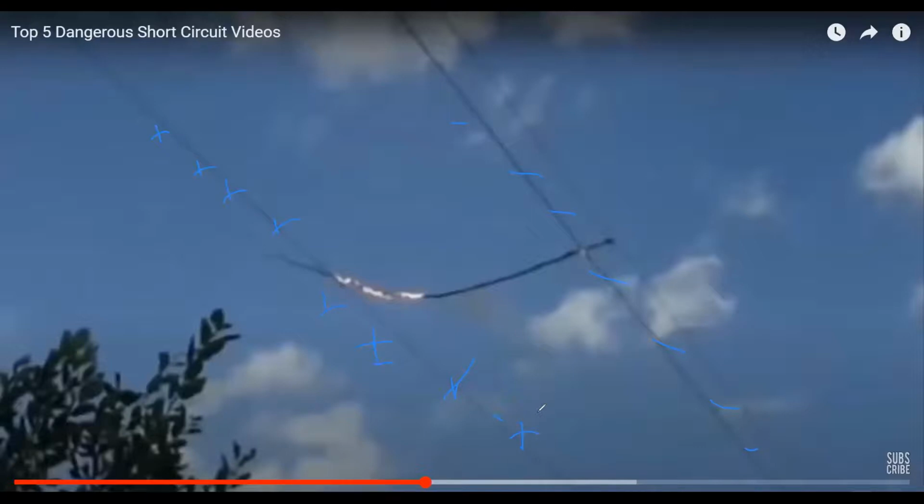But it just so turns out that a stick has landed on this wire. That means there is now a short circuit. The path of least resistance is not through some person's house with their refrigerator and their washing machine. The path of least resistance is through this stick. So the electrons start moving through the stick.